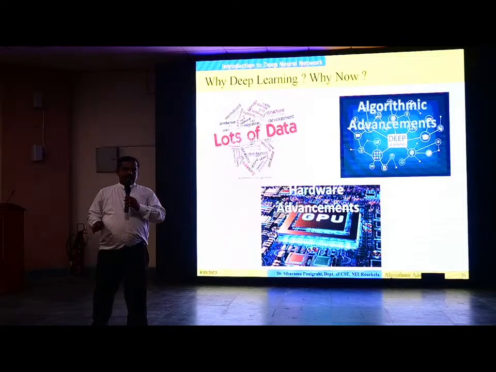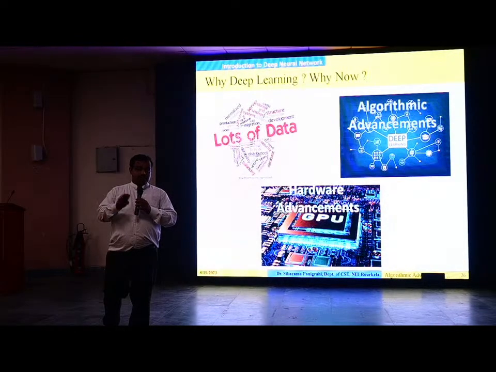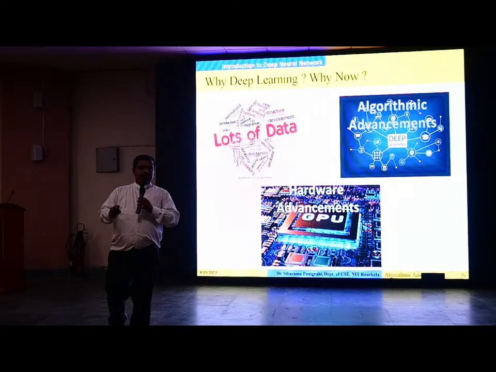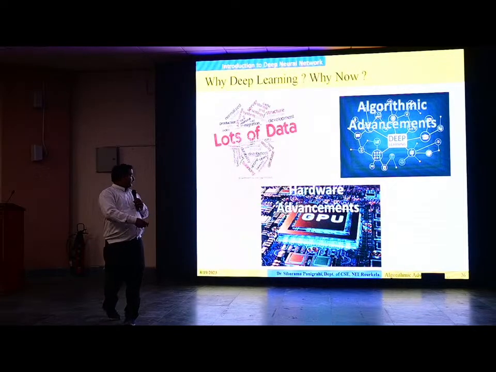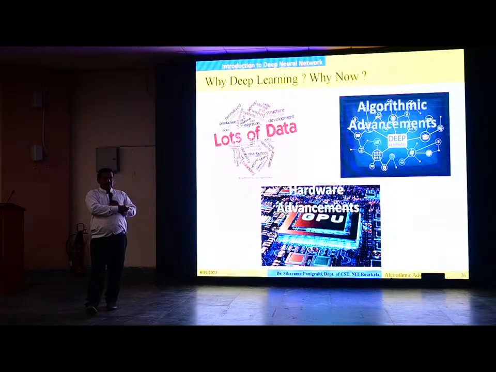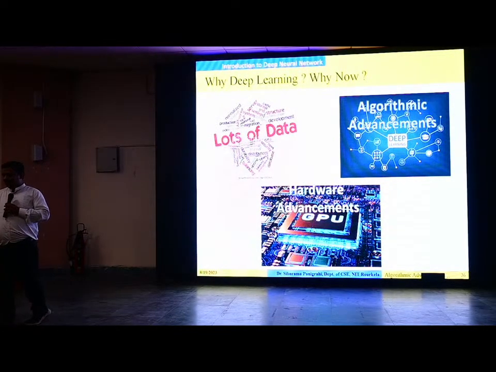And due to the advent of GPU, graphics processing unit, now it is possible to do such kind of large experiments. But now here you see, I can't explain you the data that you know. I can't go through the hardware advancements, but what I can go through, I can go through the algorithmic advancements that make deep learning popular, right? After 2010, right? So what are the algorithmic advancements?